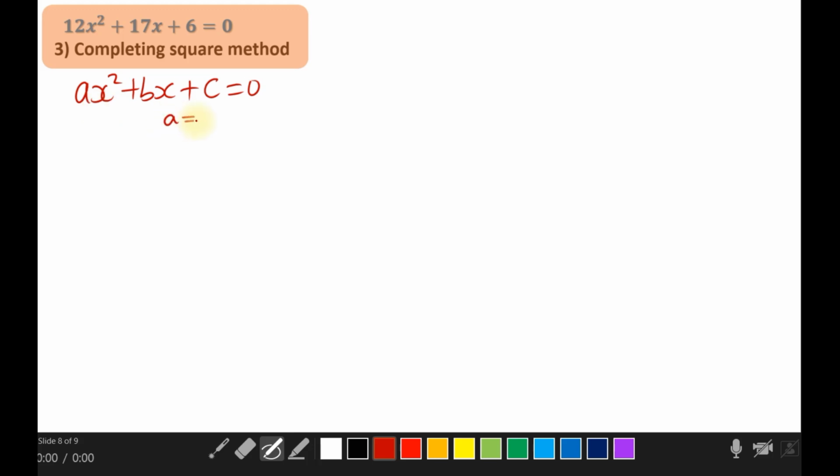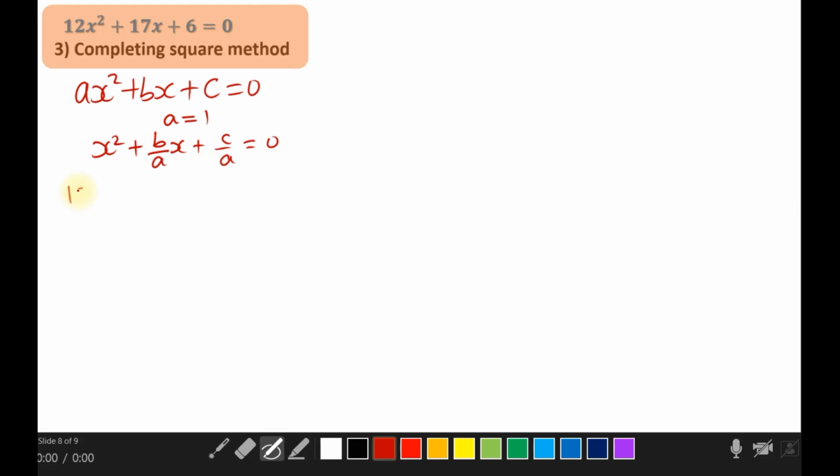So a should be equal to 1. In that case, we divide each term by a, such that we get x squared plus b over a x plus c over a is equal to 0.